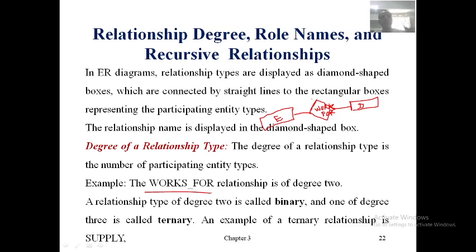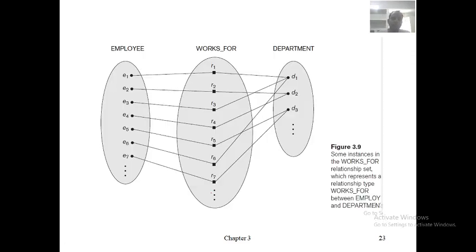Got it? If the degree is 2, binary. If the degree is 3, it is a ternary relationship. For example, in the next slide we will have one image of a ternary relationship, that is supply. So we will see that.